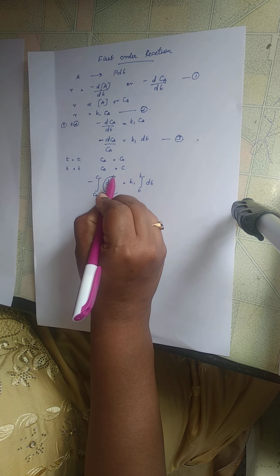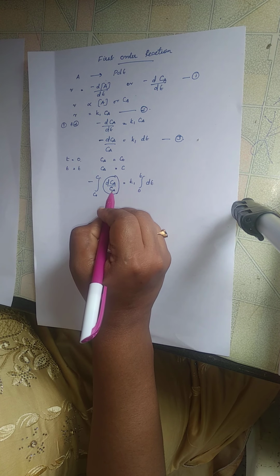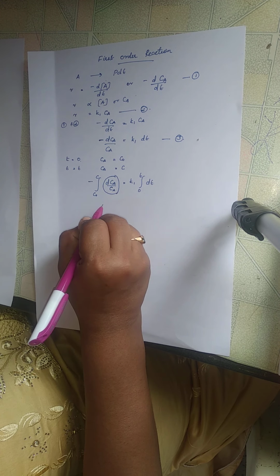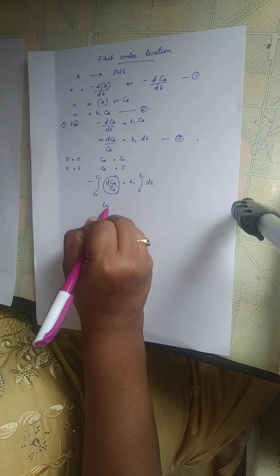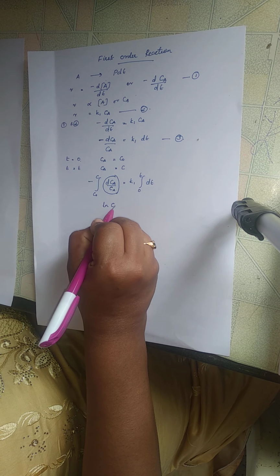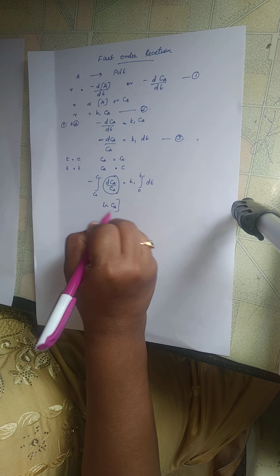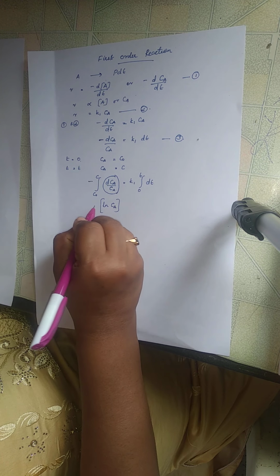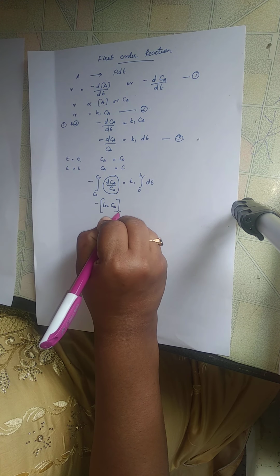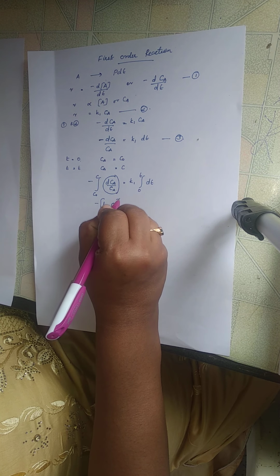The integral of 1 by CA dCA is ln CA, and therefore after integration, minus ln CA, with the limits applied.